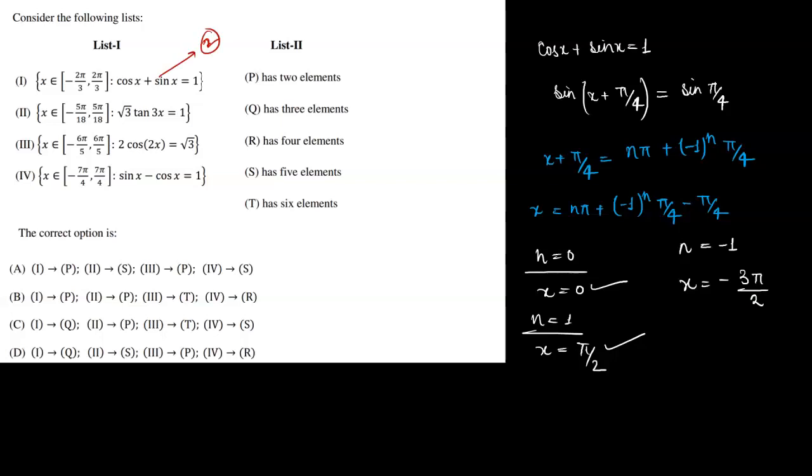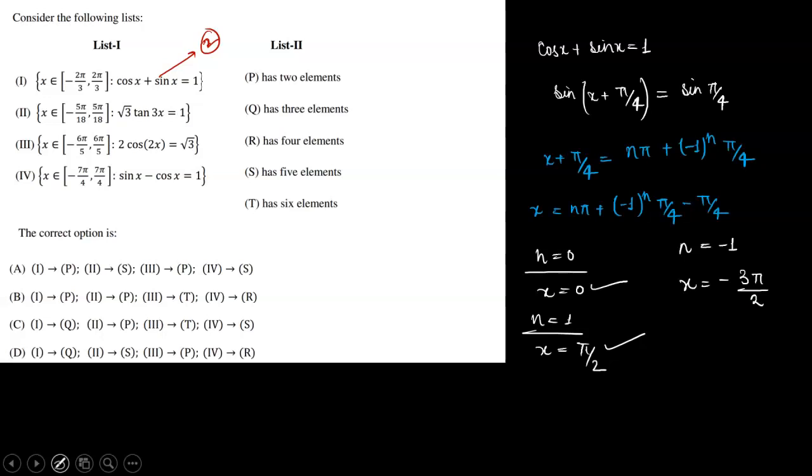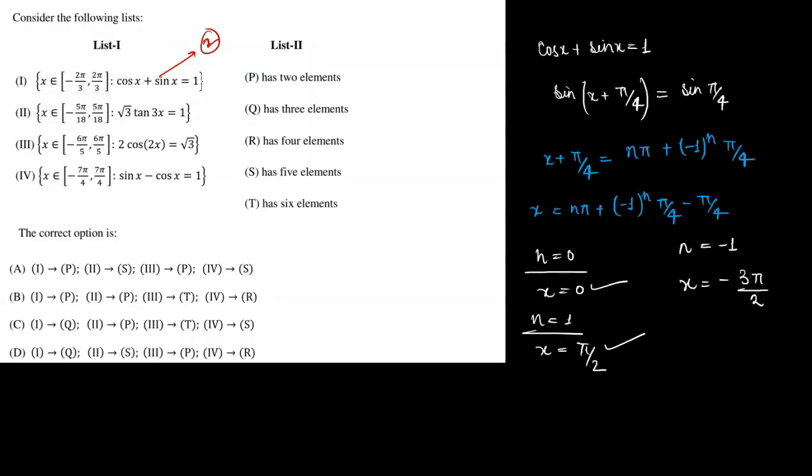Okay. So let us check the second list. So the second list is root 3 tan 3x is equal to 1. So tan 3x is equal to tan pi by 3.